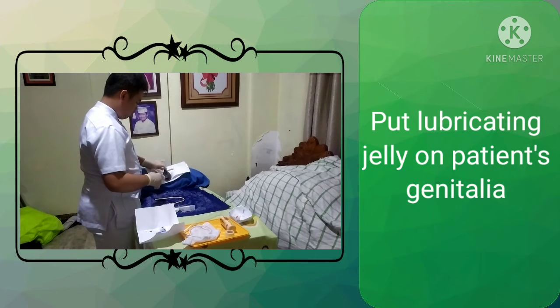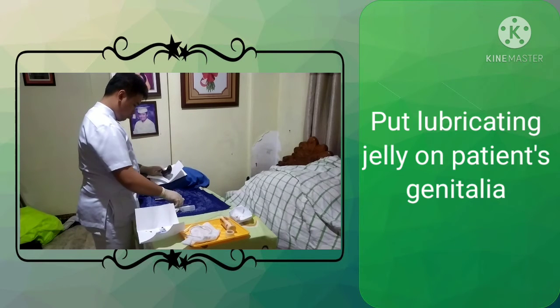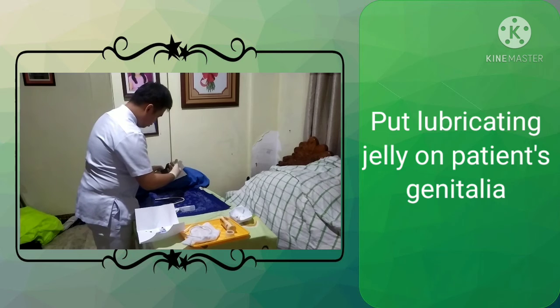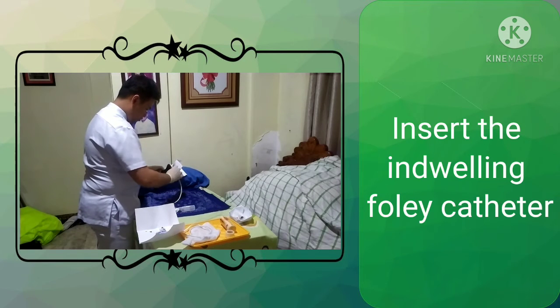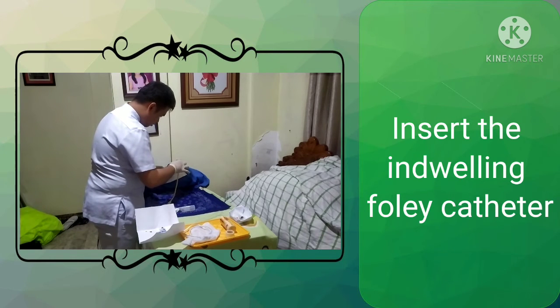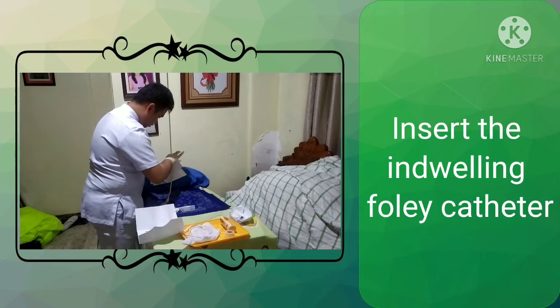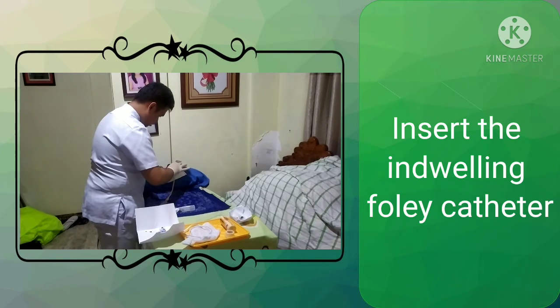Put lubricating jelly on the patient's genitalia. At a 90-degree angle of the patient's genitalia, insert the indwelling Foley catheter.